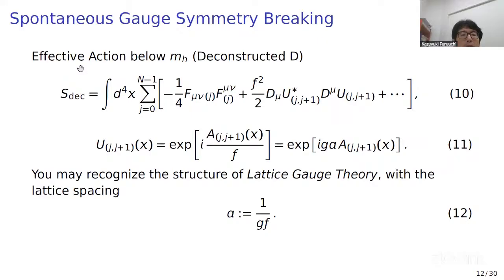So now we go to low energy, below the gauge symmetry breaking scale, below the radial component Higgs mass.